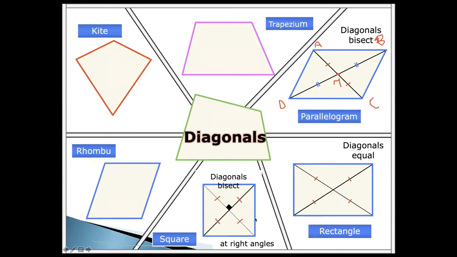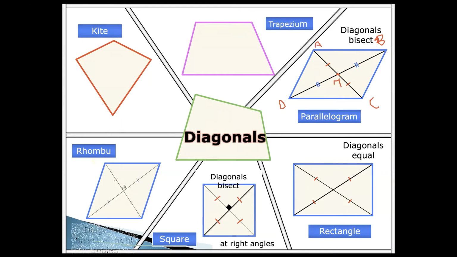The square also has two diagonals. They bisect each other, and they are equal. But the new thing is they are perpendicular.